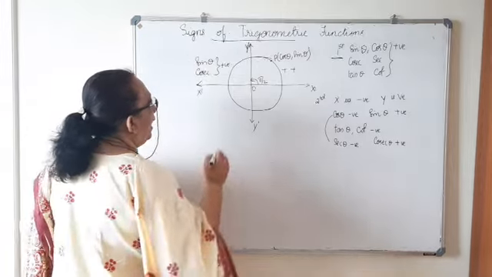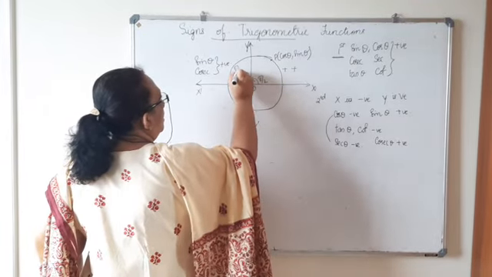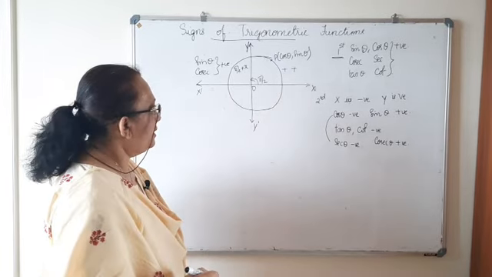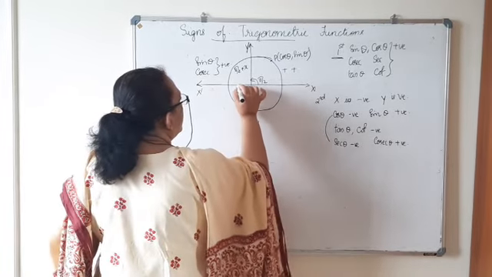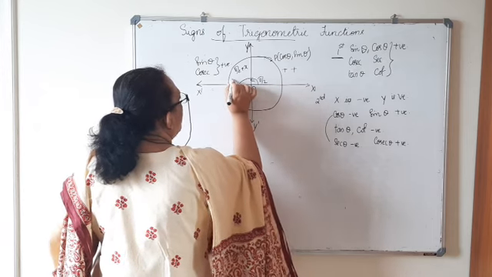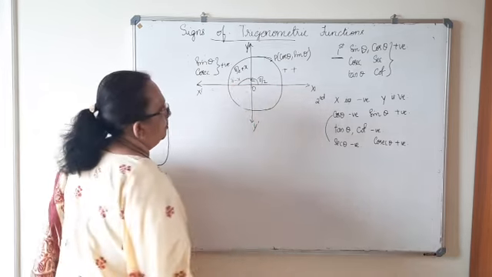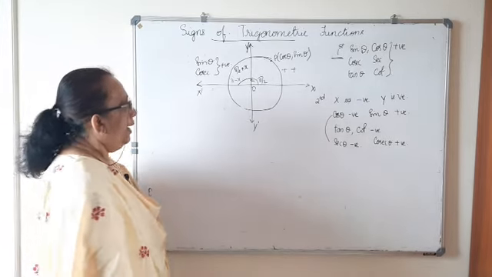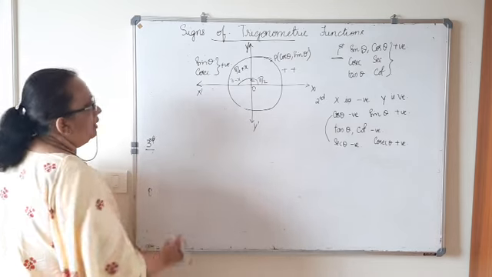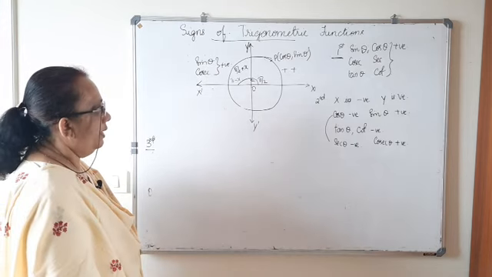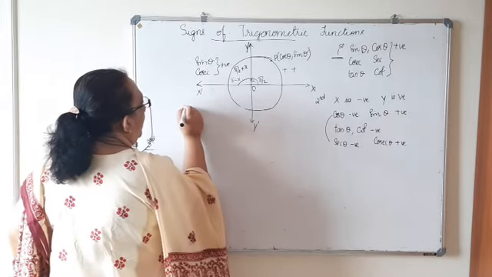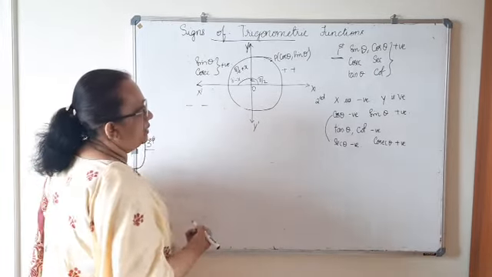So here the angle is pi by 2 plus x, or you can say that it comes up to 180 degrees, so it is equal to pi minus x. In the third quadrant, x is negative, y is negative.